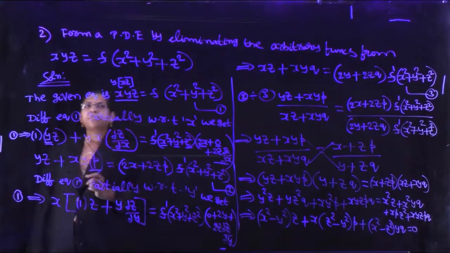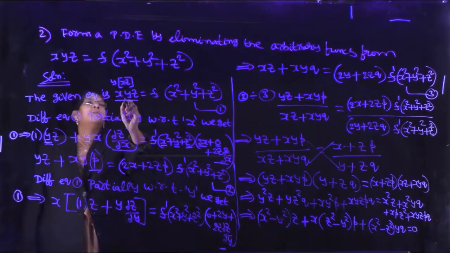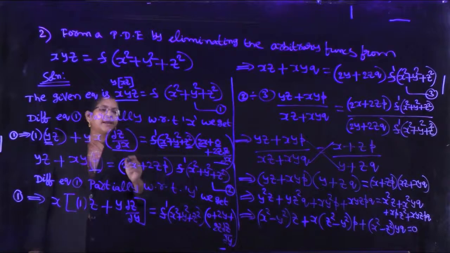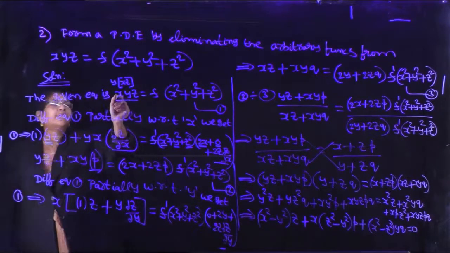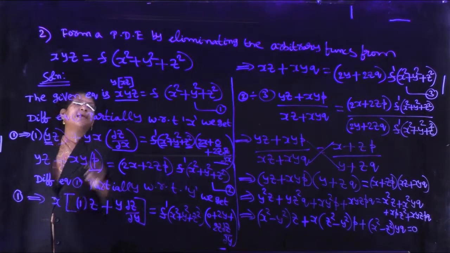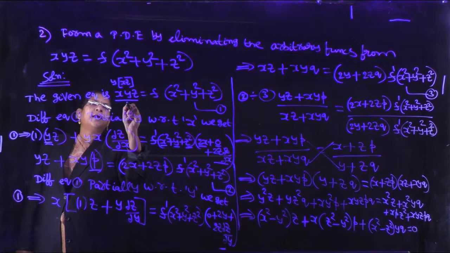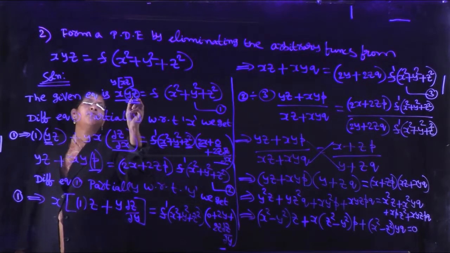Now we will differentiate equation 1 partially with respect to y. If you are differentiating partially with respect to y, x is a constant. You write x aside, and then you have to differentiate yz. For yz, you apply the UV rule.